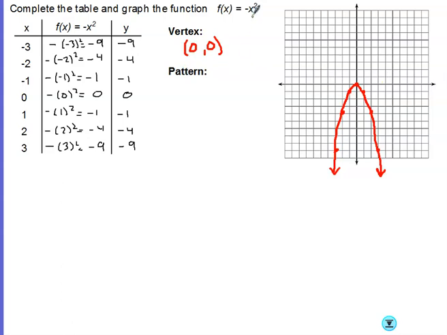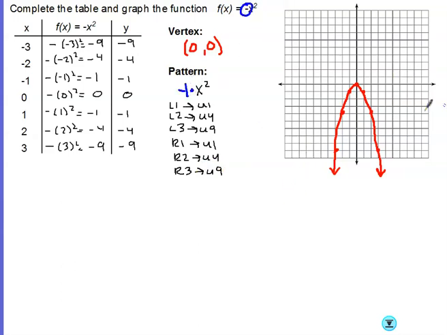Now what happens is I have an x squared. So I start with left 1 up 1, left 2 up 4, left 3 up 9, and then right 1 up 1, right 2 up 4, right 3 up 9. But I have a negative in front of my x squared. So I'm multiplying everything by a negative. When we multiply by a negative, all that happens is the ups are going to switch to downs.